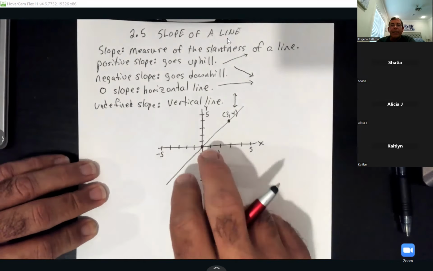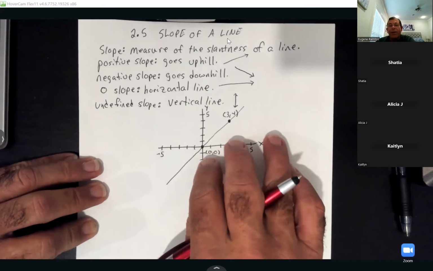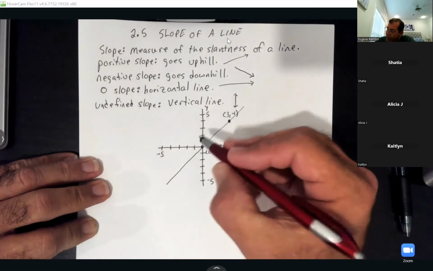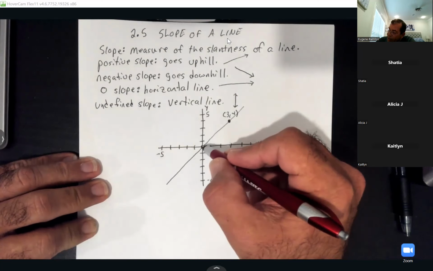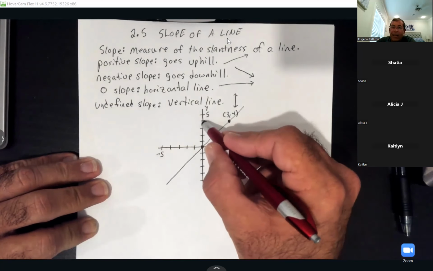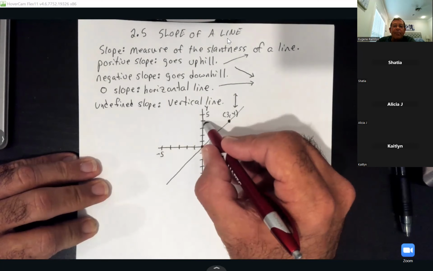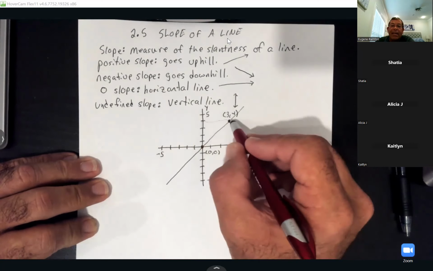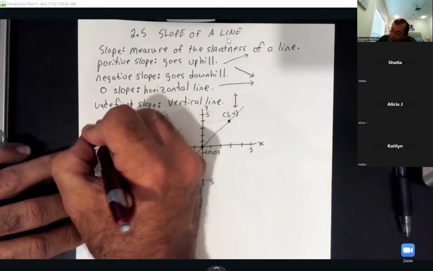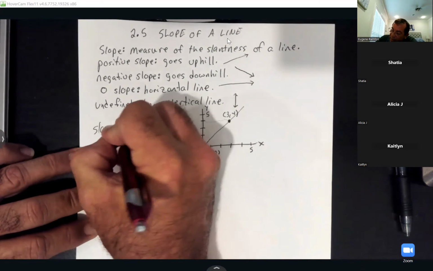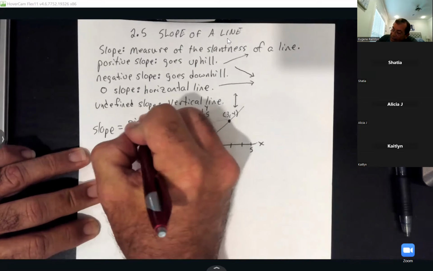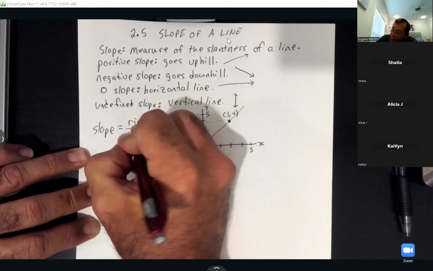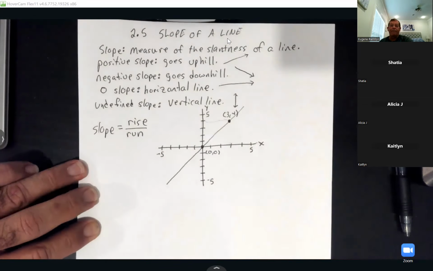So basically, when I look at this graph, the slope is a measure of how much the graph rises divided by how much it runs, or goes in the x direction. So the slope is basically what we call the rise over the run.